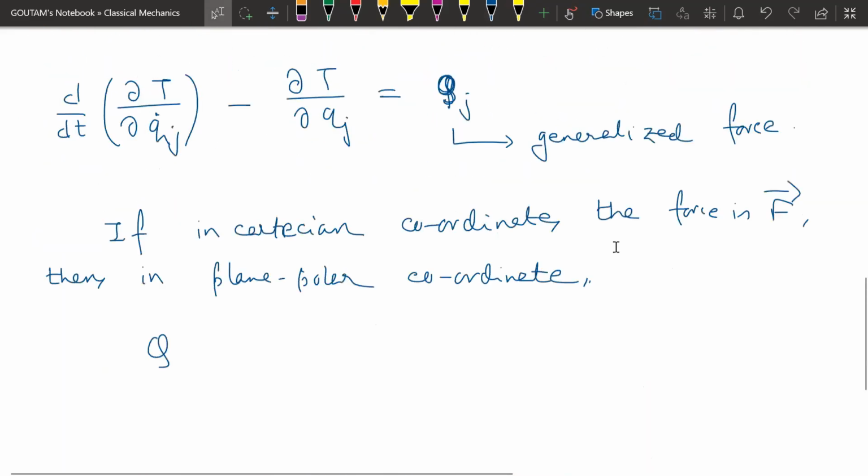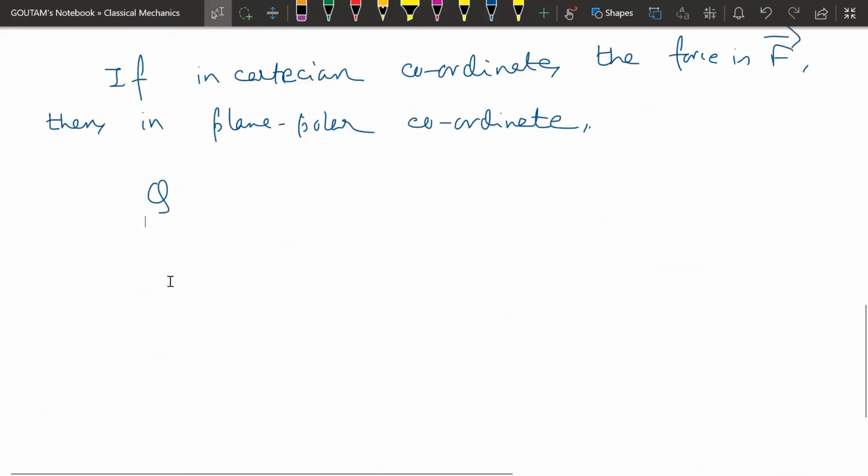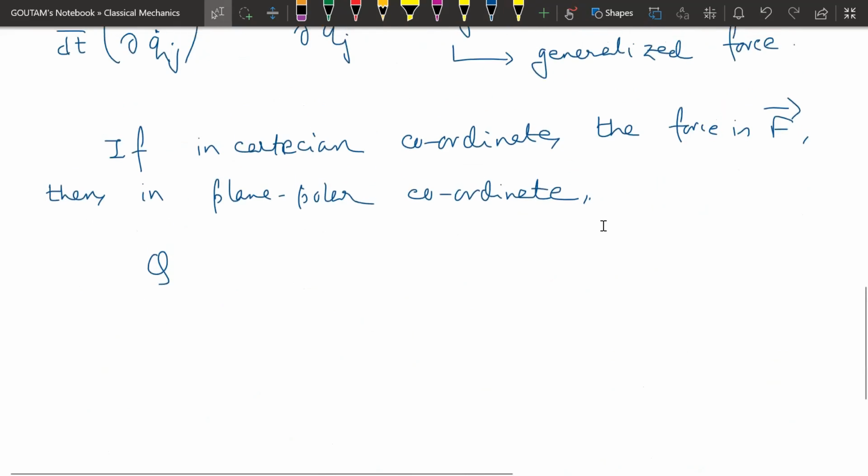As we are in the plane, we have two generalized coordinates here, which are r and theta. Corresponding to the two generalized coordinates, we have two generalized forces, which will be Q_r and Q_theta.